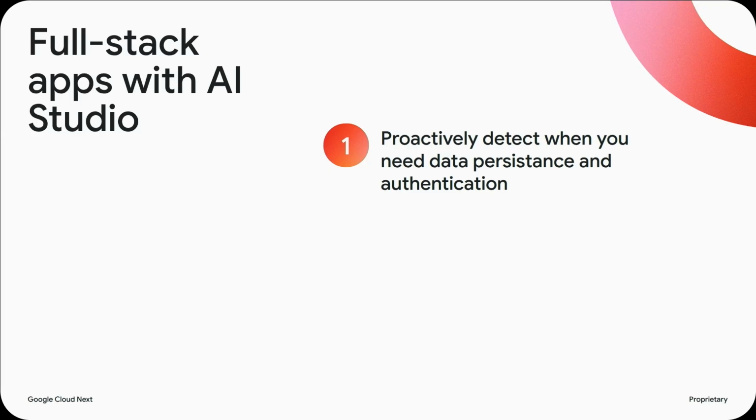We recently announced Firebase as a native integration into Google AI Studio. With a single prompt, the Google AI Studio agent can proactively identify the need for persistent data and identity.